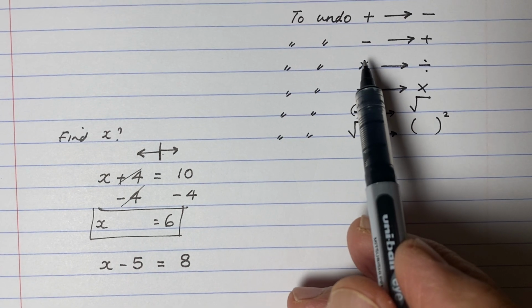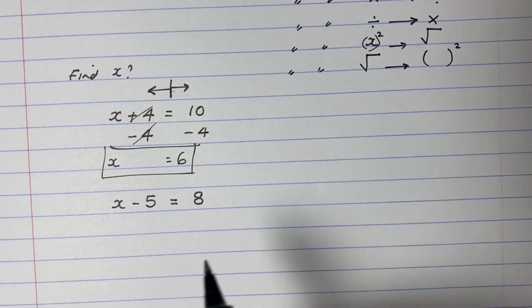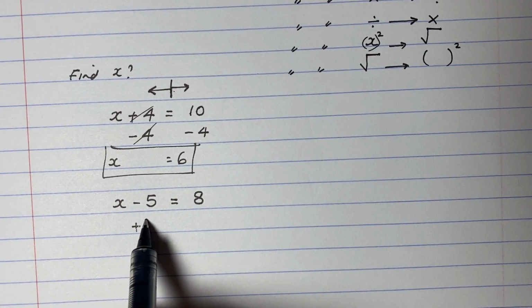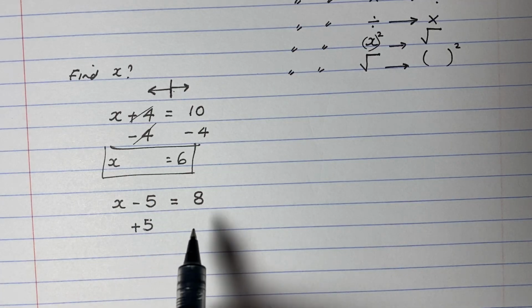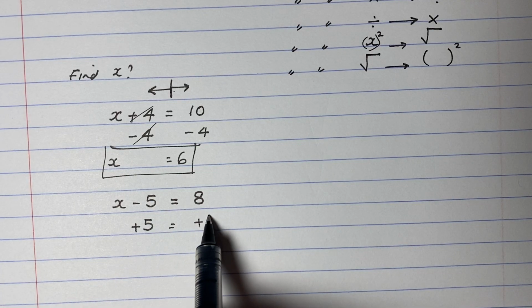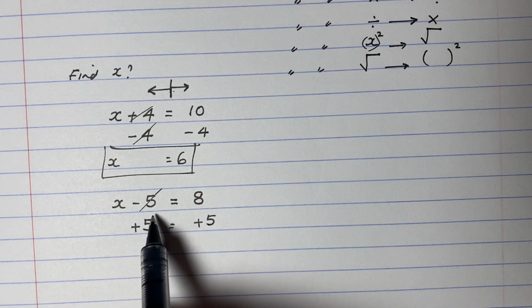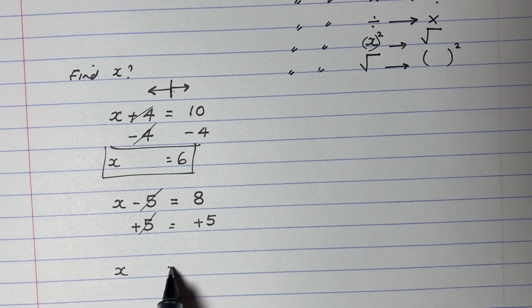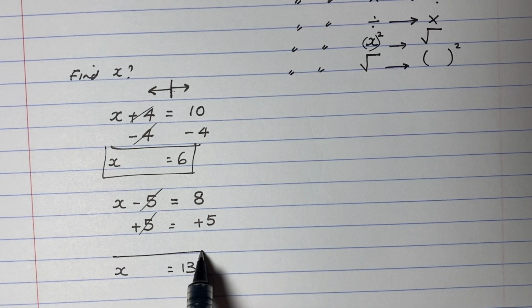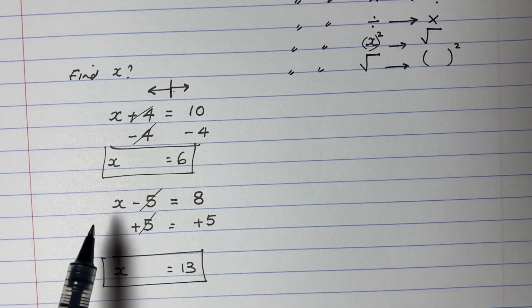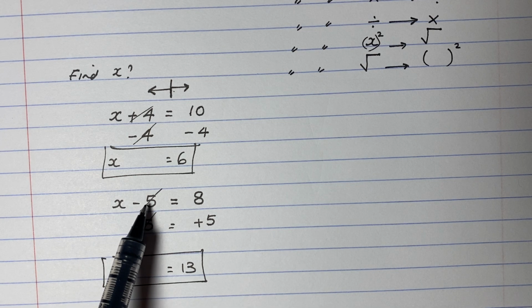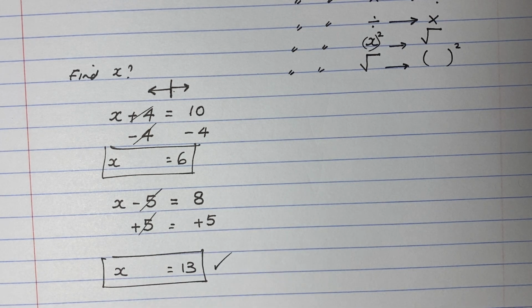To undo minus, you plus. So you plus exactly the same amount on both sides. So x equals 13. Check again. Would 13 take away 5 make 8? Yes, so the answer is correct.